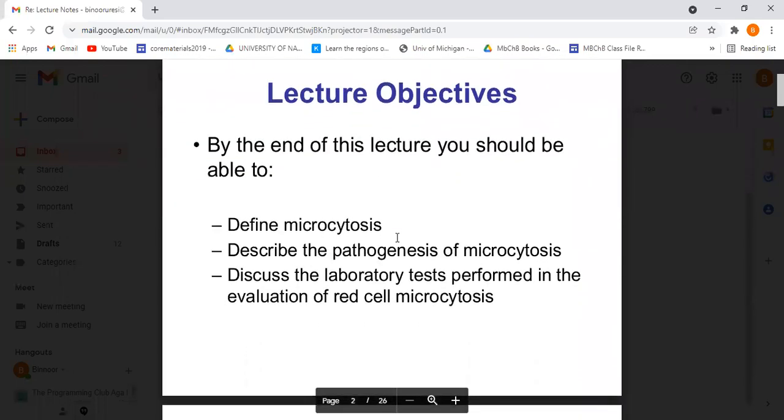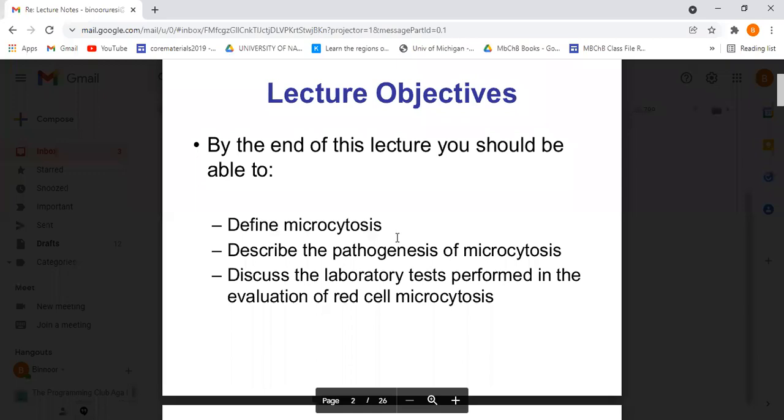By the end of this lecture, hopefully you should be able to define what microcytosis is, describe the pathogenesis of microcytosis, and discuss the laboratory tests performed in the evaluation of red cell microcytosis.